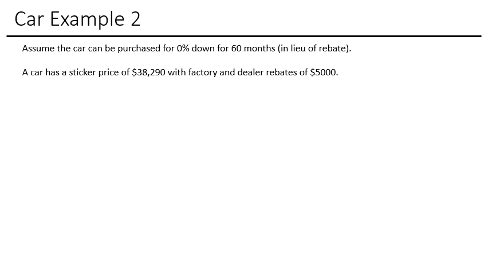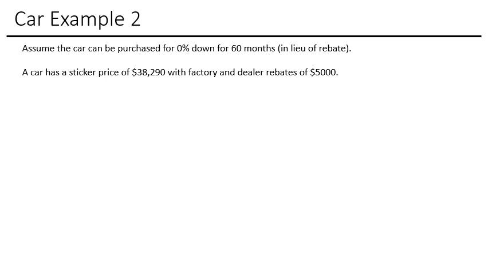All right, now let's look at another car example problem. You have several of these, and this is a long problem. It says assume the car can be purchased for 0% down for 60 months in lieu of a rebate. A car has a sticker price of $38,290 with factory and dealer rebates of $5,000.